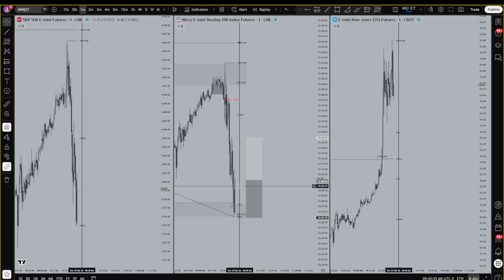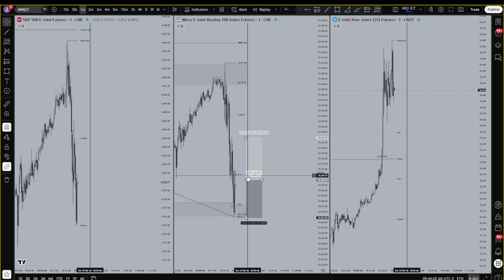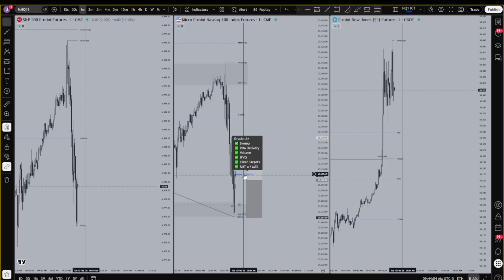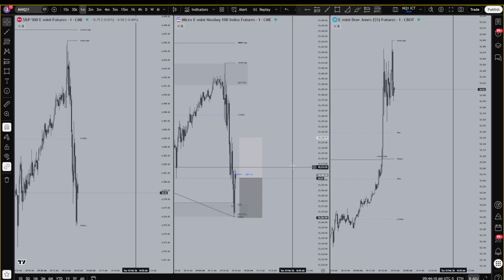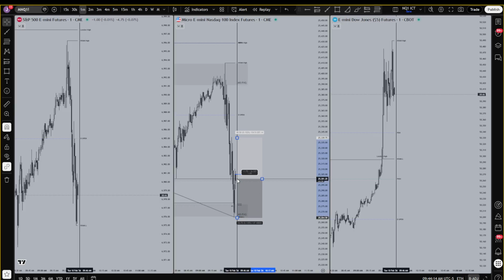So we have SMT again at Asia and SMT at data. So let's see what happens after that. Yeah, this is an A+. I'm going to give this a jab. Small little jab. Nothing crazy, guys.